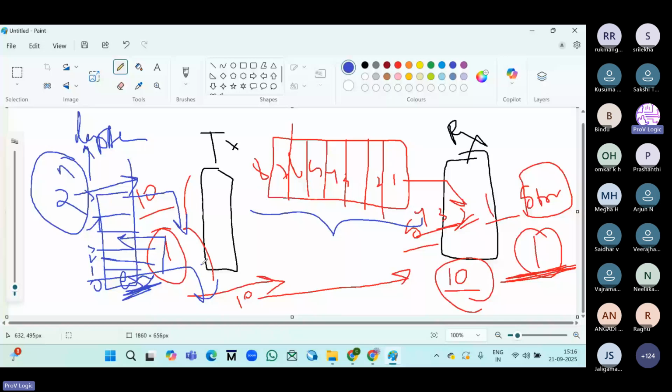Whenever the receiver's locations are read one by one, the data will be shifted like this. So obviously the master doesn't wait much time. You just wait until one transaction is completed. In that case, we can also take a FIFO with more depth.